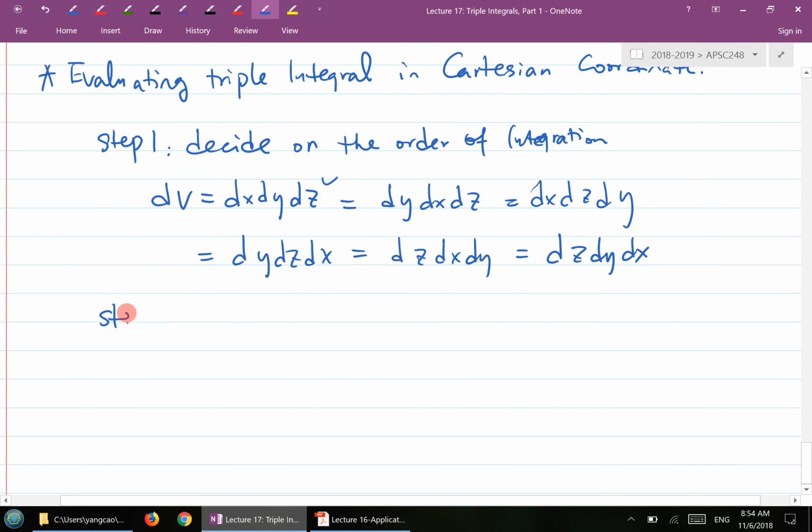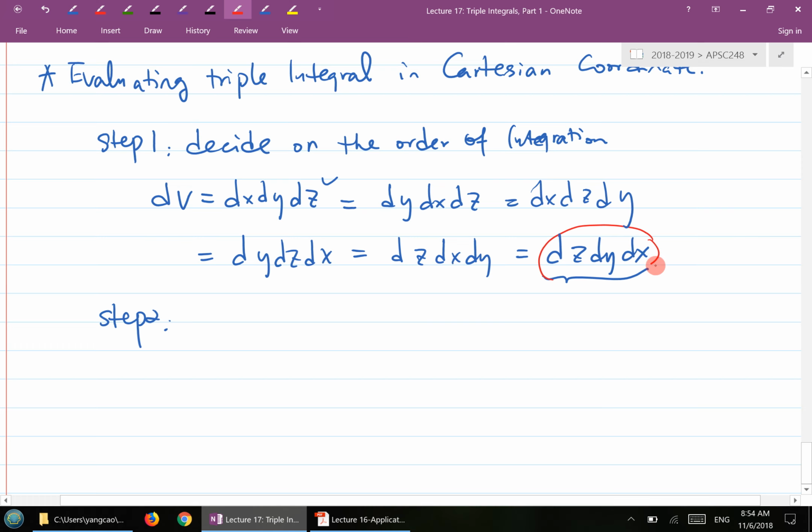Step number 2. Once you have decided on the order, then we need to identify the limits for the variables. Actually, in my lecture notes or assignment solutions, I pick dz, dy, dx as the order.